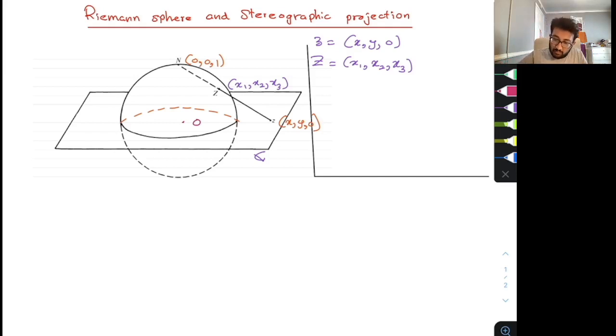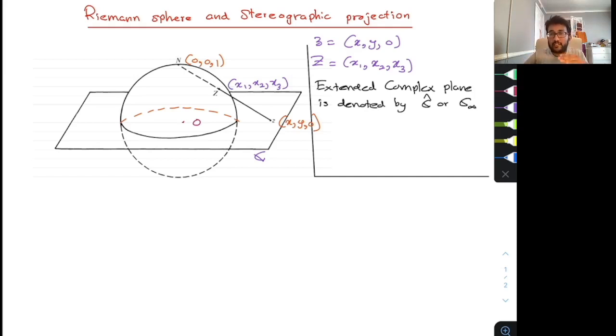Right. So I will mention what I just said. The extended complex plane is denoted by C hat or C infinity.